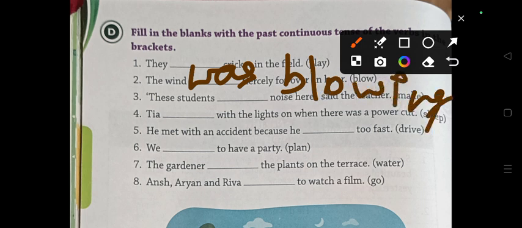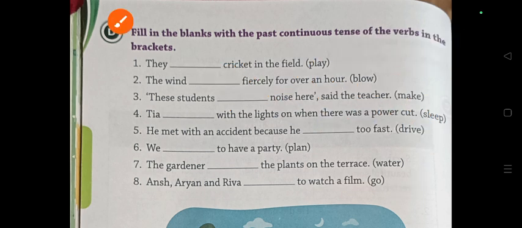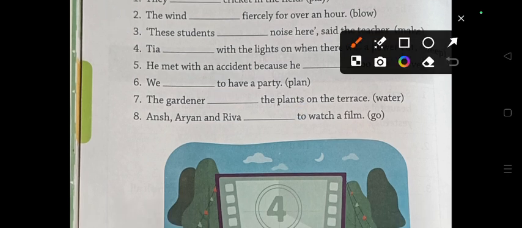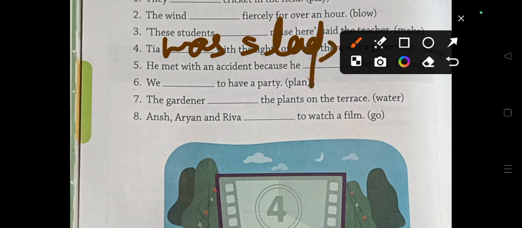Next, the students were making noise here, said the teacher. These students were making, right? Now Tia was sleeping with the lights on when there was a power cut.